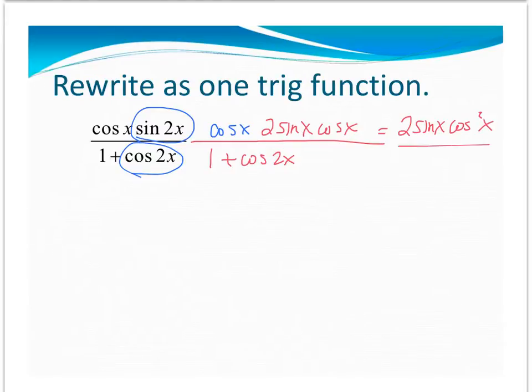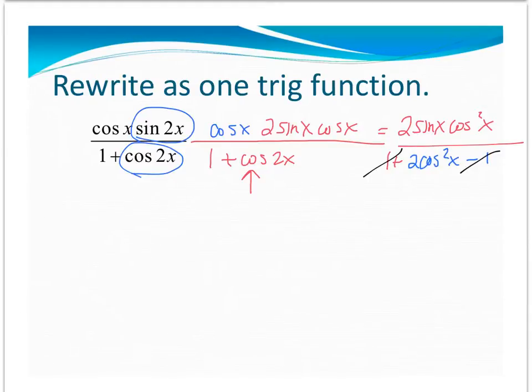Looking at that, I need to try to figure out what would be the best version of this formula to replace with. The version that I'm going to use is the 2 cosine squared x minus 1. The reason why I'm going to use that one is because then the minus 1 and the plus 1 will cancel, and then the cosine squared x's will cancel as well. So this is going to be 1 plus 2 cosine squared x minus 1.